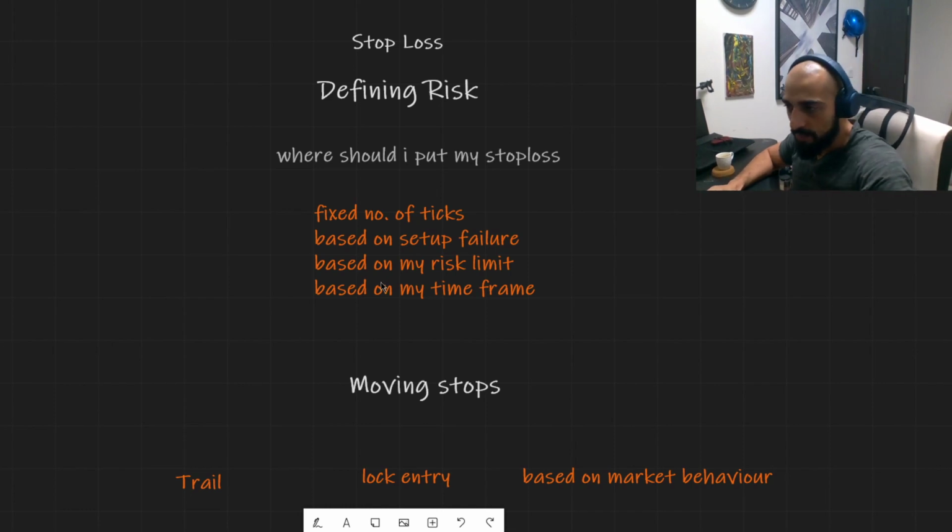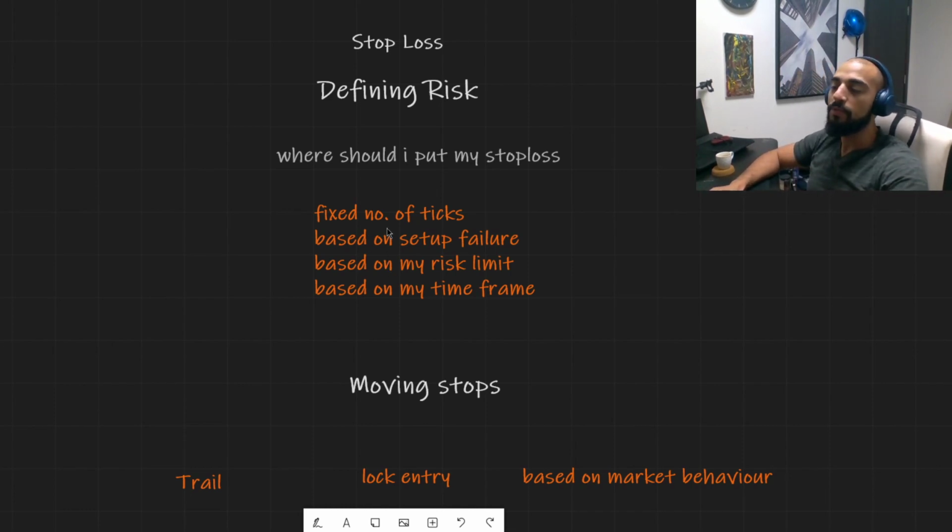Some of us put their stop losses based on a fixed number of ticks. Imagine a trader who enters every trade in the market with, let's say, the rule that I don't want to lose more than $30 in any given trade.